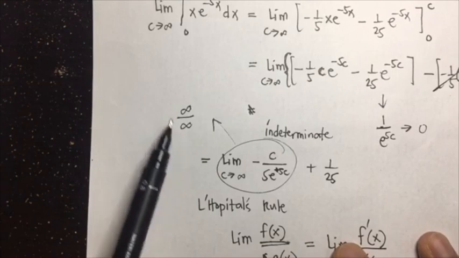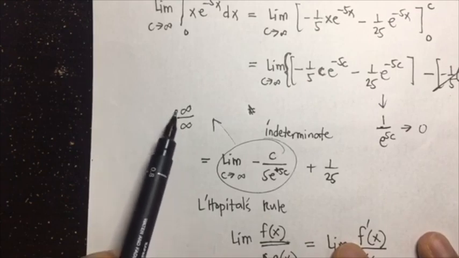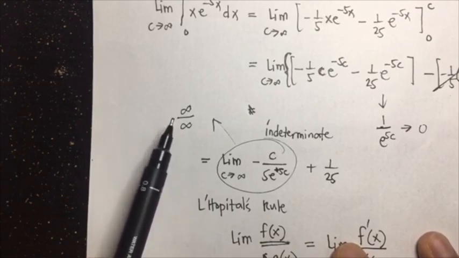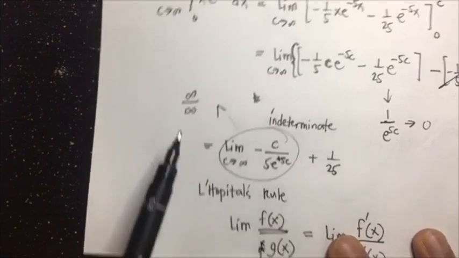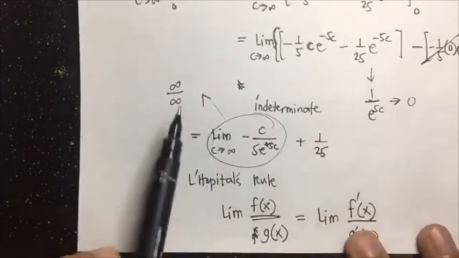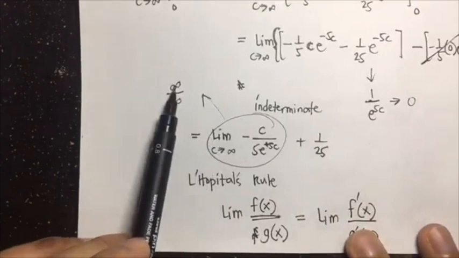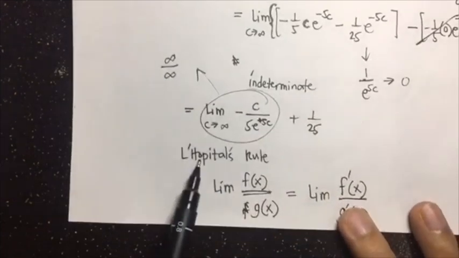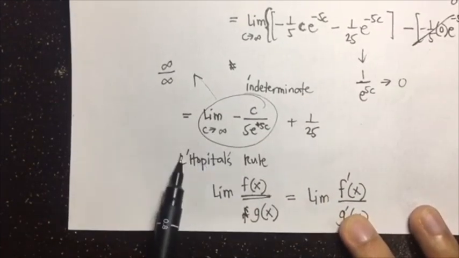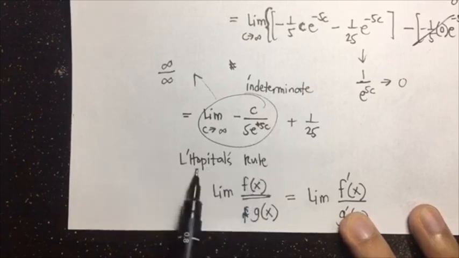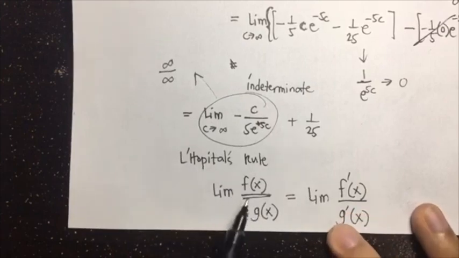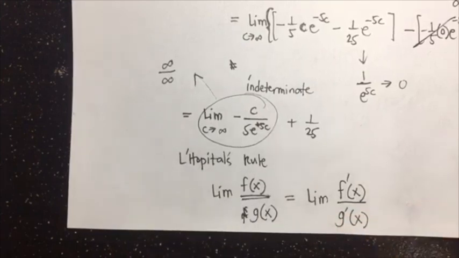We don't know if they are equal, if the numerator is larger than the denominator or the denominator is larger than the numerator. So there is no way to determine its value. That's why in this third example, we use L'Hopital's rule to evaluate the limit.